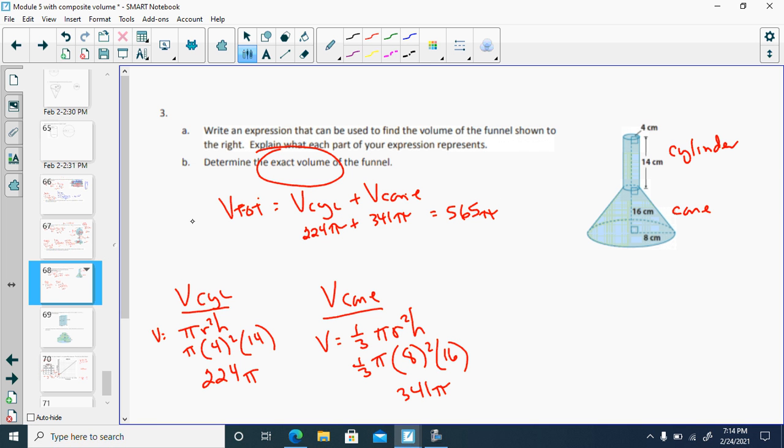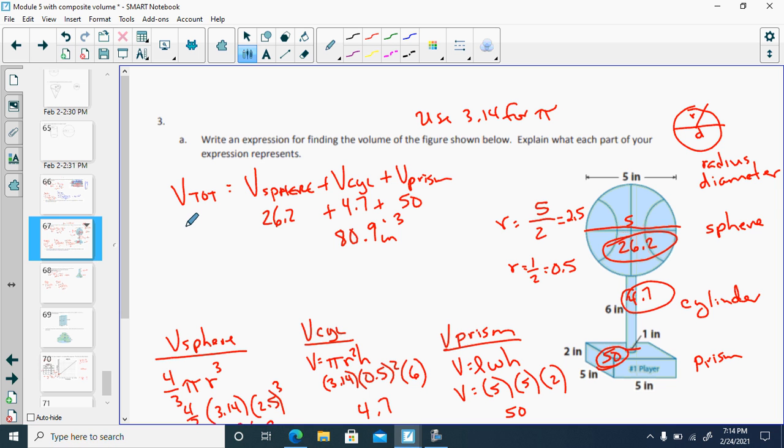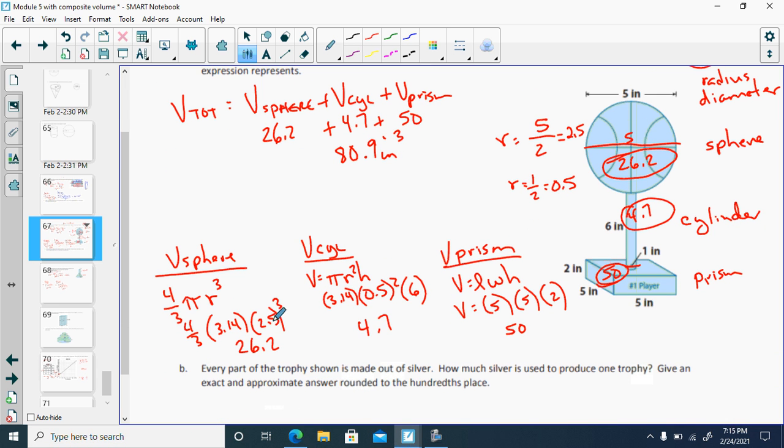Look at something real quick. I know what we did wrong here on our volume of our sphere. We didn't do 2.5 cubed. Let's try this: 2.5 times 2.5 times 2.5 times 3.14 times 4 divided by 3 would give us 65.4, not 26.2.